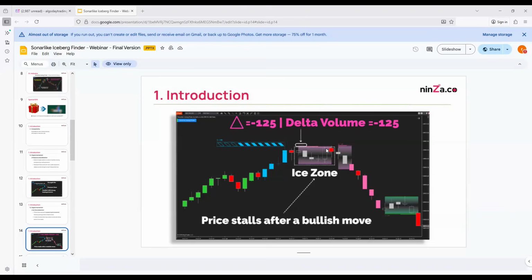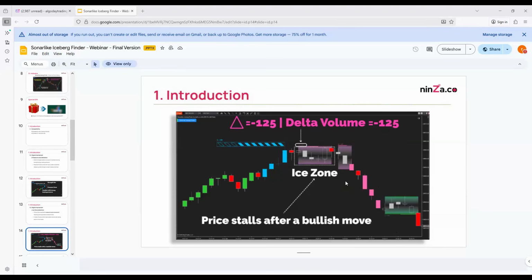All of a sudden, after the buying, there is a negative delta, which means there are more sellers than buyers, and then price reverses. Once price breaks the ice zone, there is an actual signal.